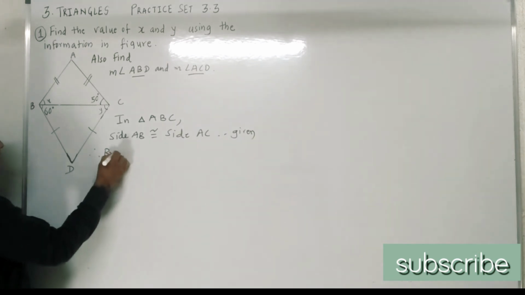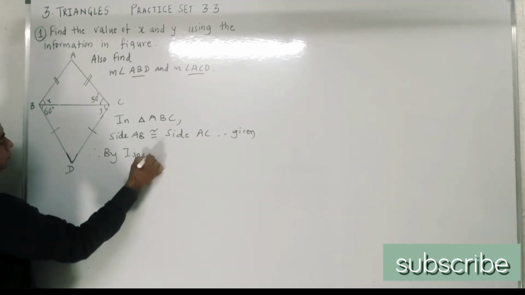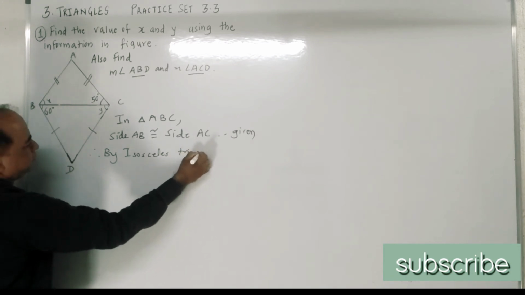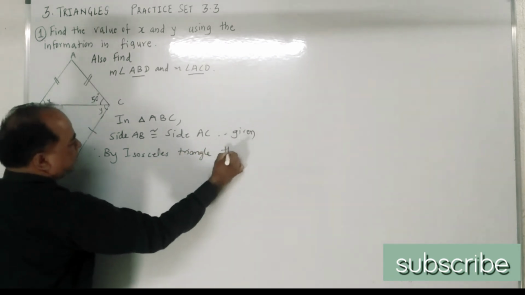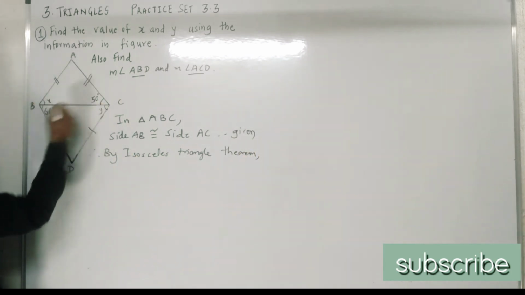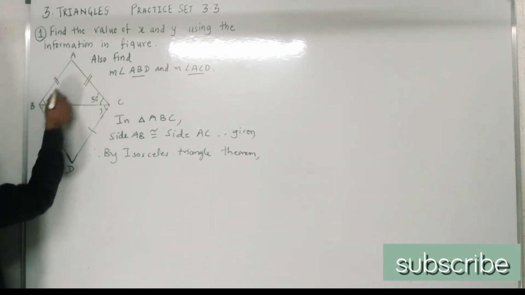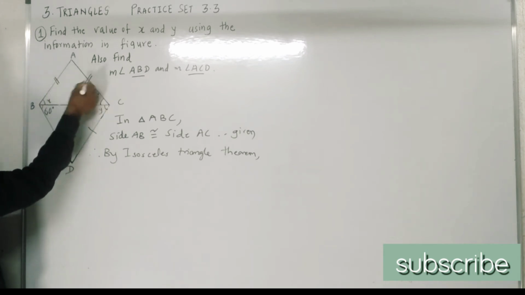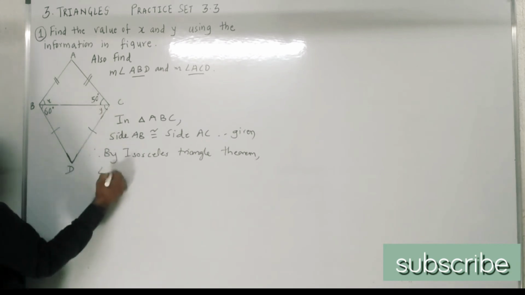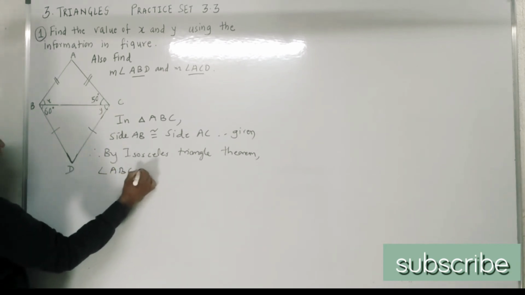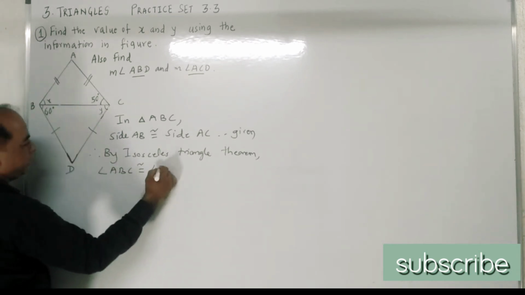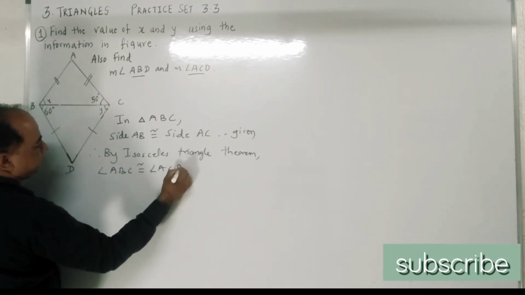Therefore, by the isosceles triangle theorem, base angles are congruent: angles opposite to congruent sides are congruent. So angle ABC is congruent to angle ACB.